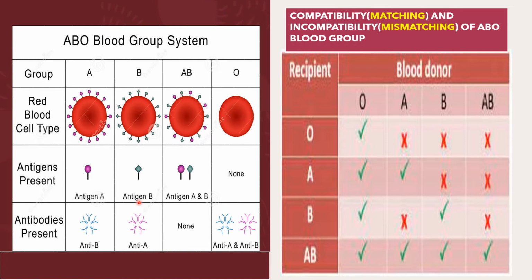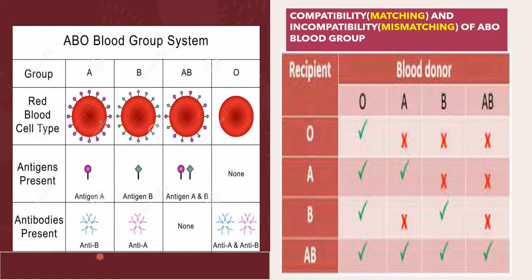Another important point you have to remember: based on the antigen, complementary antibodies are produced in the plasma of that particular blood. Blood group A contains antigen A, but complementary antibodies are produced, which we call anti-B antibodies.